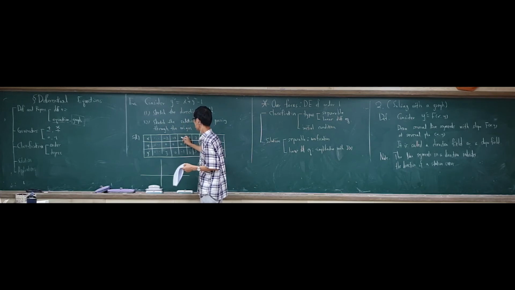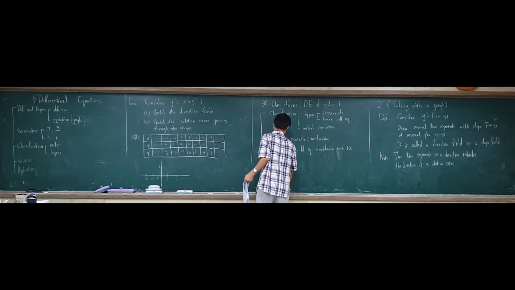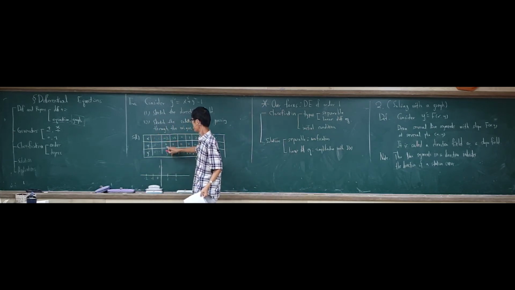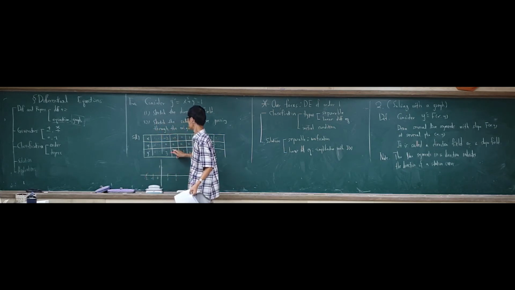For example, if you assume that here is a point 0, minus 1, minus 2, and 2, and so on. If x is minus 2 and y is 0, then y prime is 3. So we draw a small line segment whose slope is about 3. And if x is minus 1 and y equals 0, then the slope y prime is 0.